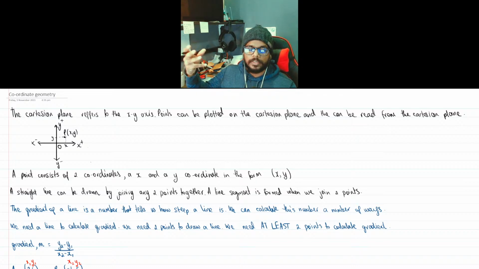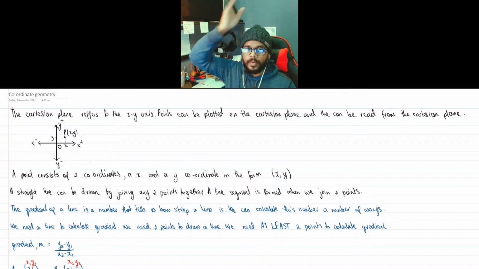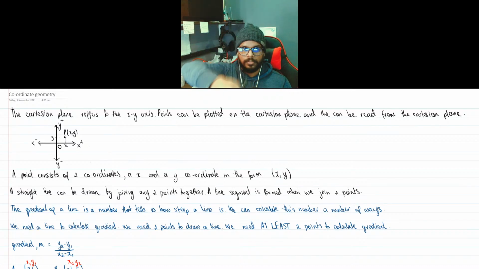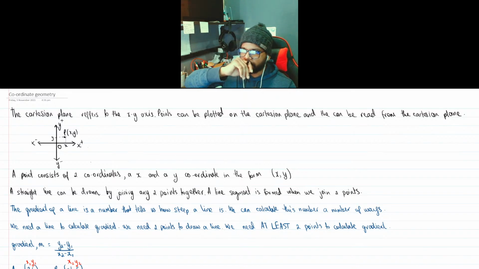It's just a different way to say it. We have the y-axis. The y-axis runs vertically. The x-axis runs horizontally. Now, on my y-axis, I'll have my origin, which is here. I'll have my x-axis, but my x-axis is actually split up into two: the positive x-axis and the negative x-axis.